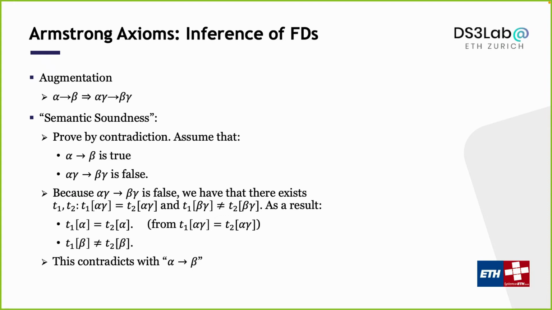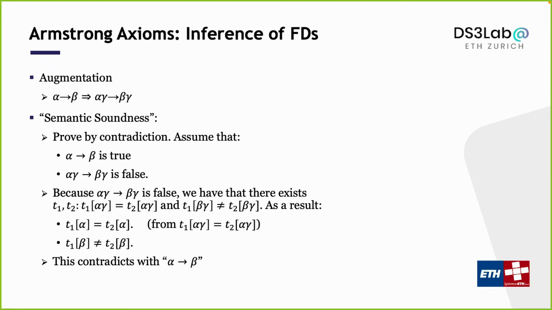So the only way that beta gamma doesn't hold between T1 and T2 is for beta not to match. You have these two tuples matching on alpha but not matching on beta, right? But this contradicts your assumption that alpha → beta holds. So essentially, this gives you a very simple proof of the soundness of this augmentation rule.